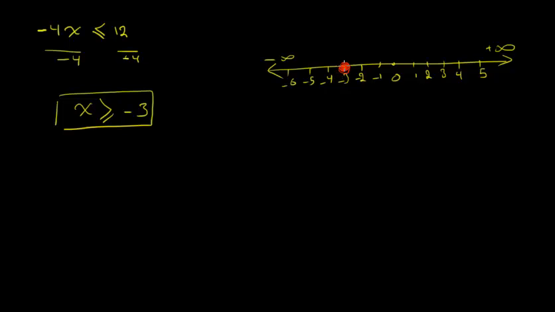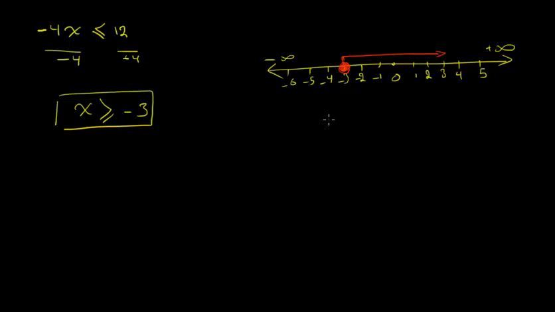That is because x could equal minus 3. So all the numbers that are greater than or equal to minus 3 can make this statement true. Since this is greater than or equal to minus 3, our arrow is going toward the right.